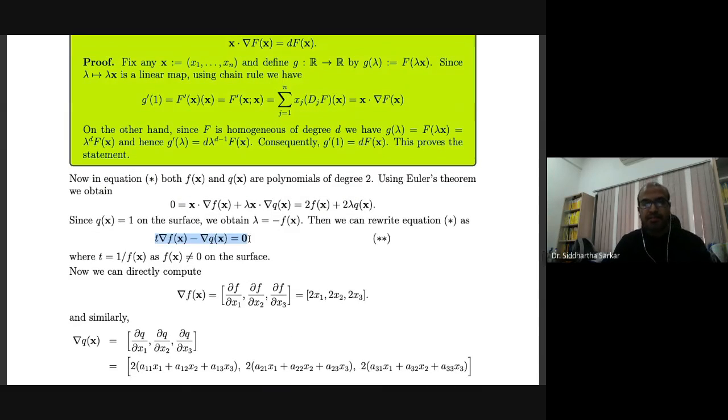Again, remember I get the allowance f(x) not equal to 0, because f(x) equal to 0 would not give me what I am looking for.